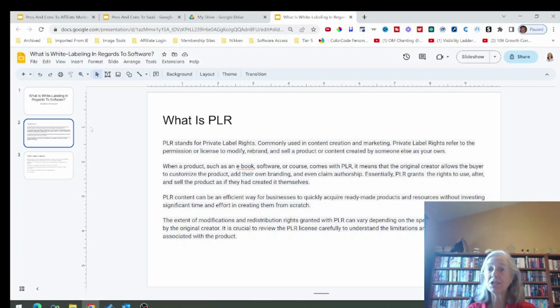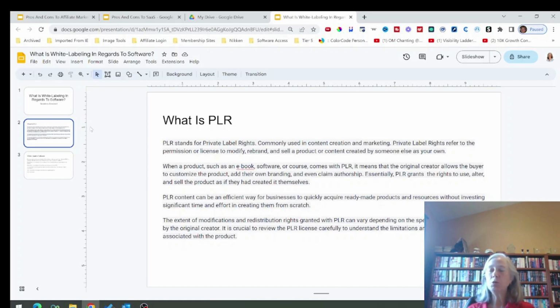It can relate to software, videos, things like that. But basically what it means is the original creator of the product allows the buyer to customize the product and add their own branding and even claim authorship. And essentially, PLR grants the rights to use the product or sell as the buyer wants.